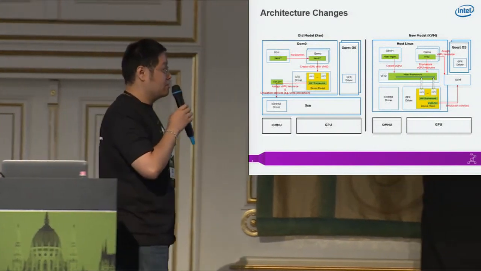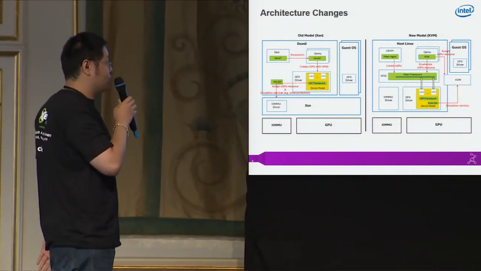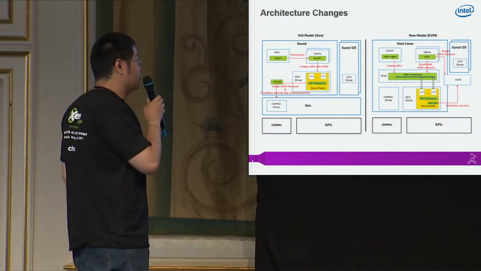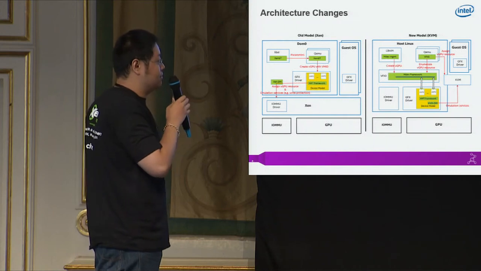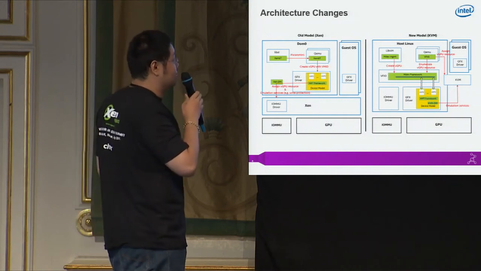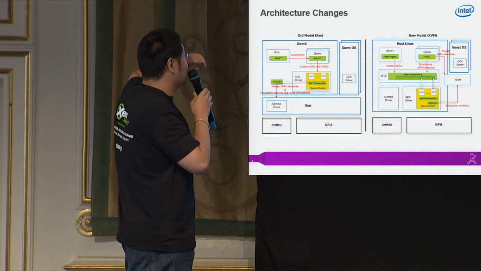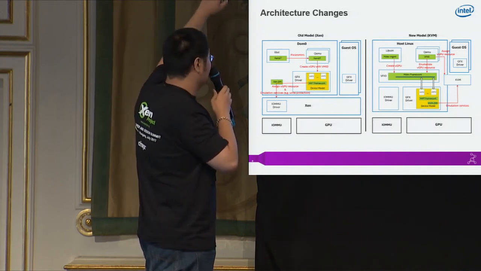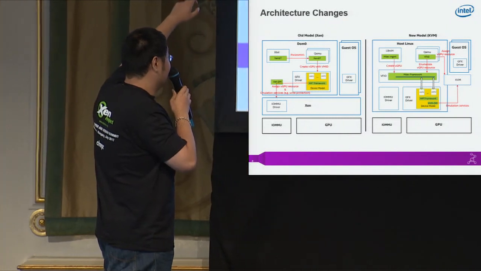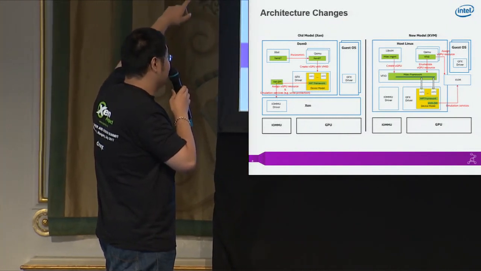Now you can see that because of the code upstreaming, we have to change our architecture to meet the requirements from the Linux kernel maintainers. In the old model, the life cycle was mostly managed by QEMU and libxl together.